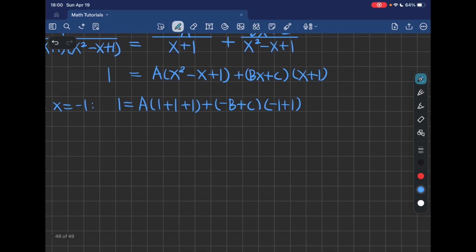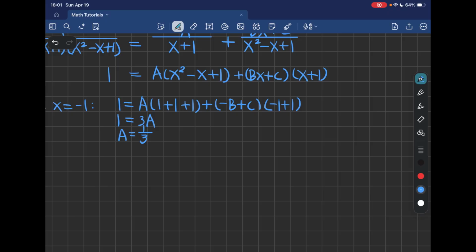Well, setting x equals to negative 1 gets rid of b and c, because now this equals 0, right? So we only have this part that matters. So we have 1 equals 3a, a equals 1 over 3. So we can use a to solve for b and c right now.